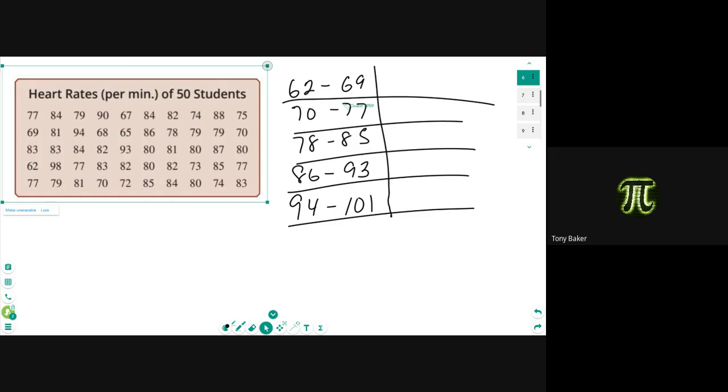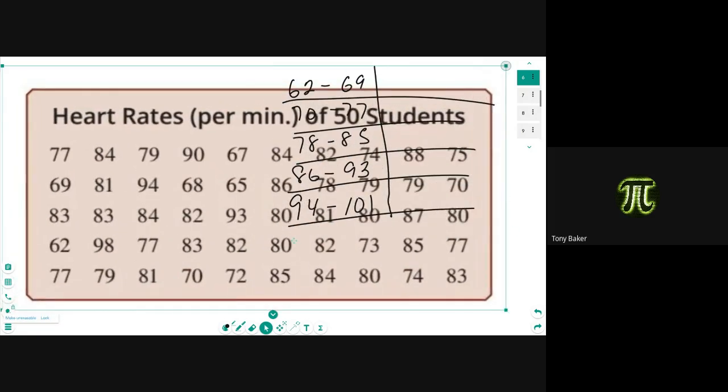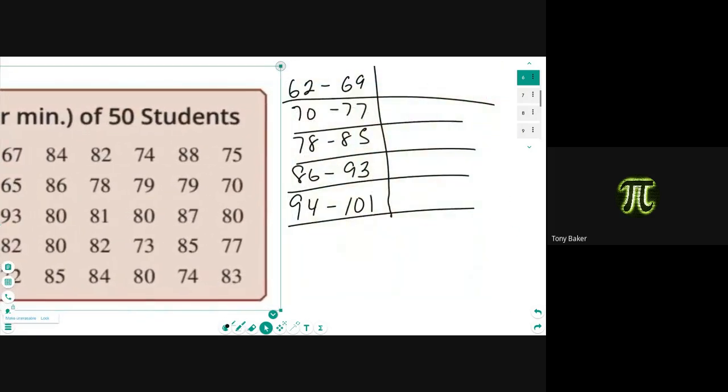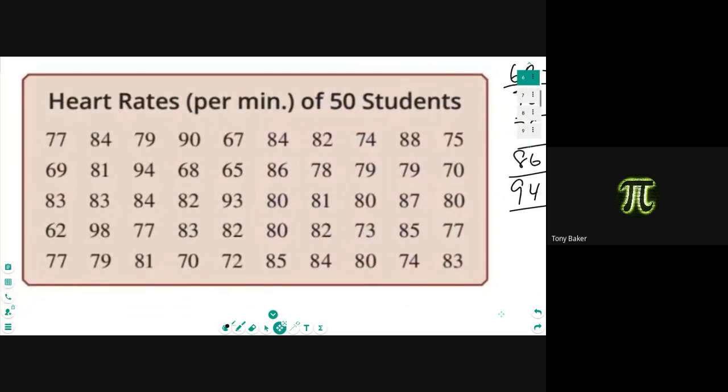Don't try to go through and look for all the ones in there. Just every time you hit 77, put a tally mark in that box. All right, everybody good with the classes? Okay, I'm going to make this bigger. There you go. A little easier for you to see it.